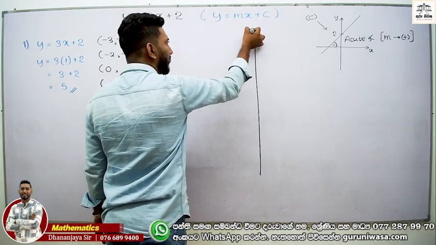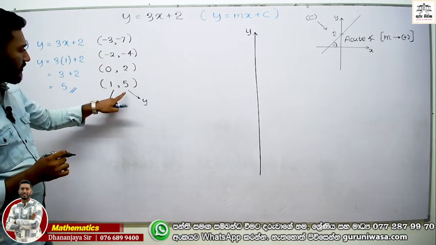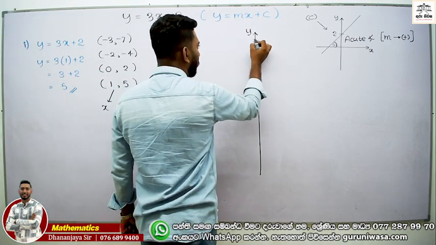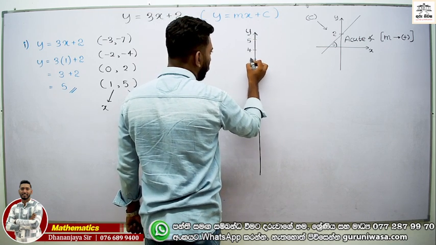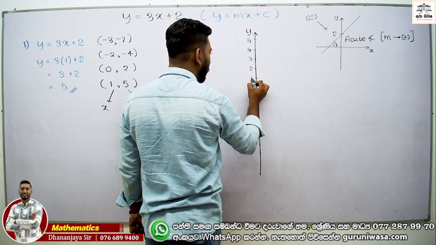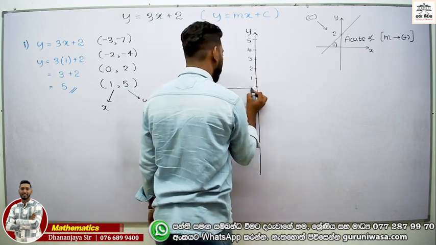Now this is y. Now what is the greatest number for y? +5. Now I'm going to mark 5, 4, 3, 2, 1, and 0. And this is a suitable scale.